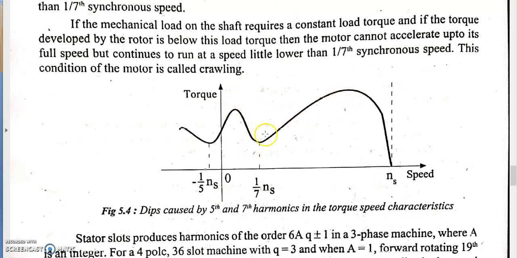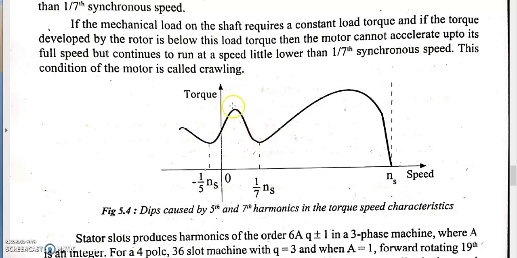So at 1/7 of the speed, the motor will operate in a steady state operating condition. But for fundamental frequency supply, the steady state speed is nearer to the synchronous speed of fundamental frequency operation. So this speed will never be attained by the motor. The motor will try to operate at this low speed, that is nearer to less than 1/7 of the synchronous speed.